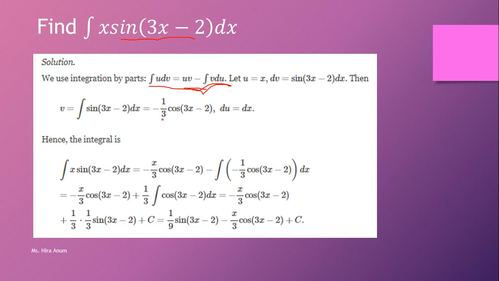This is the same: x multiplied with this, first as it is, second's integration, minus first's derivative which is equal to 1, second's integration, and the product of both is this, then take integration of this, then our answer is this: minus x over 3 cos (3x minus 2) plus 1 over 9 sin (3x minus 2). So this is the answer.